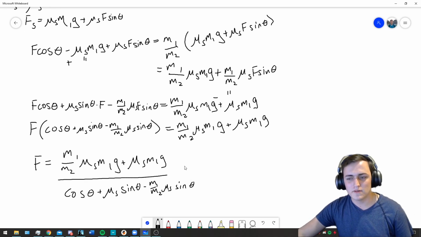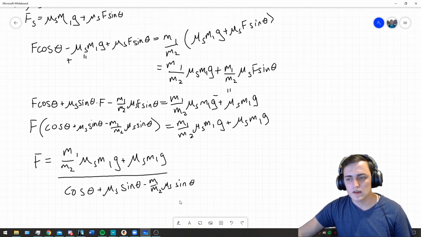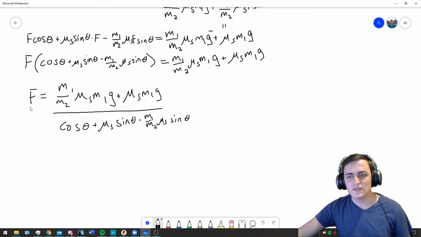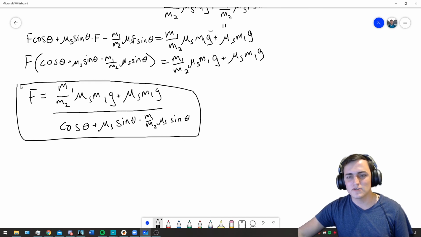You can simplify this a little bit by multiplying every single term by m2. What I'm doing here is this is kind of a good final answer. You'll be fine turning this in. It's just a little bit messy. It can be simplified a little bit.